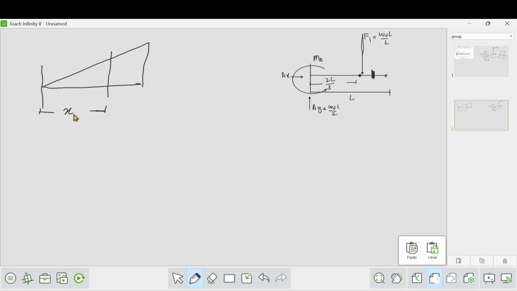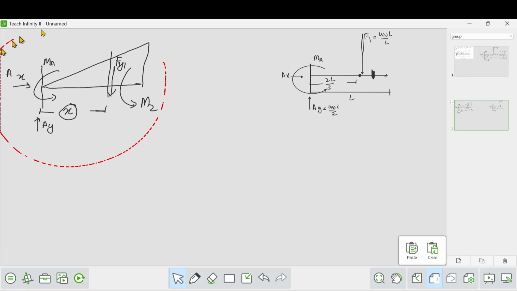This is AY, which is known, this is AX, and there is a moment MA. At this place there is a shear force FY1 and a moment M2. We have to find these and make a generalized equation for shear force and bending moment, in which we put the value of X and the equation gives us the reaction force and bending moment.